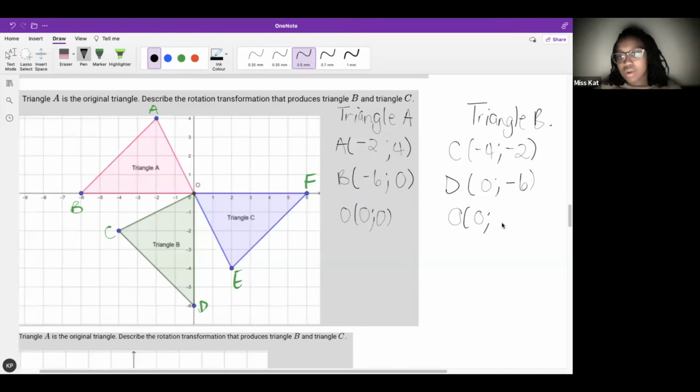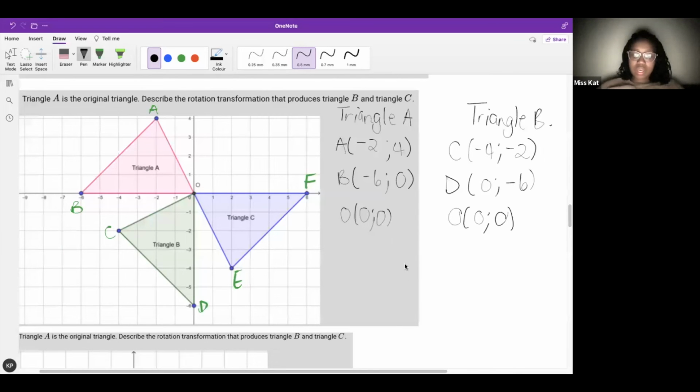Okay, now let's look at our coordinates. First of all, did they swap? Yes, they swapped, so we know it's not a 180 degrees transformation, right? Now, which one changed signs? Is it the original X or the original Y? I think the original Y changed. So which rotation?